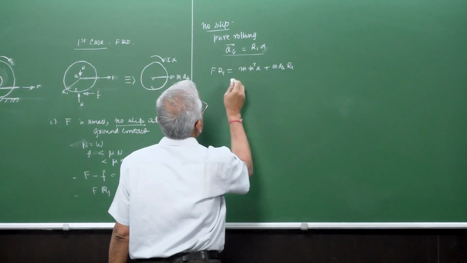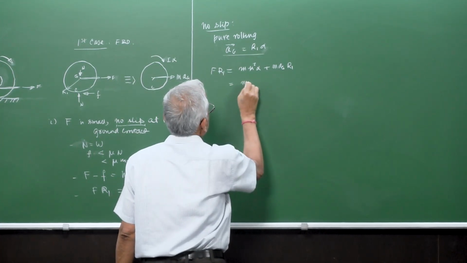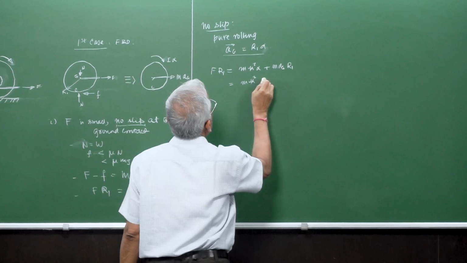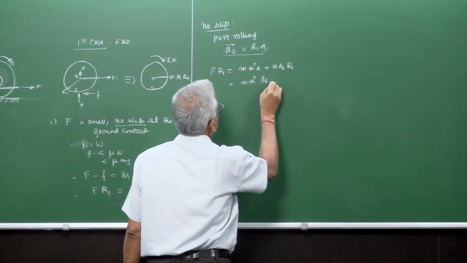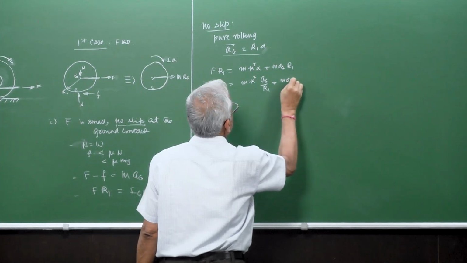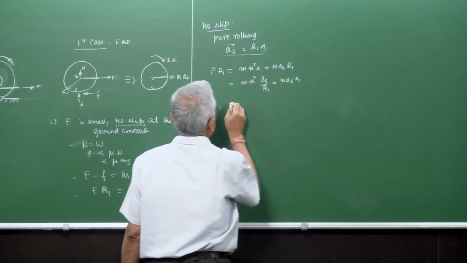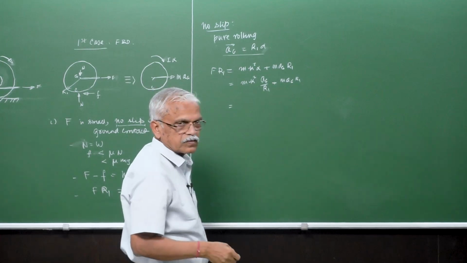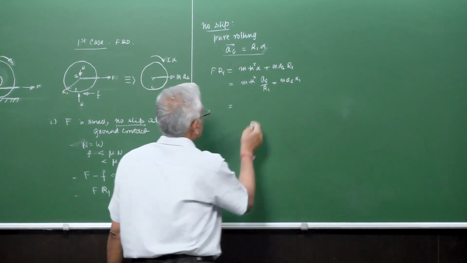So using alpha as a_g over R1, this is a very simple manipulation.